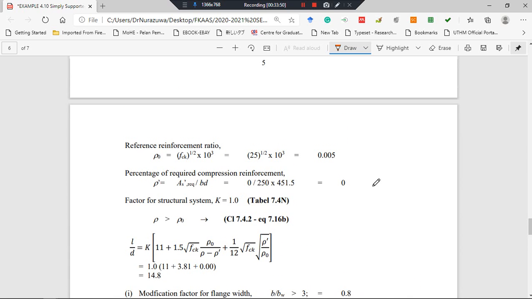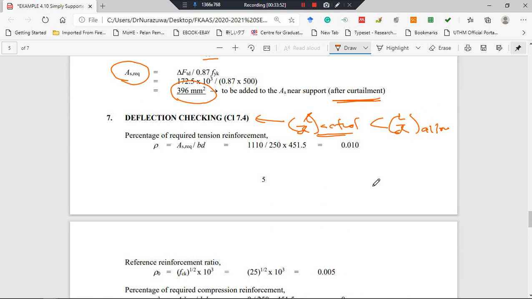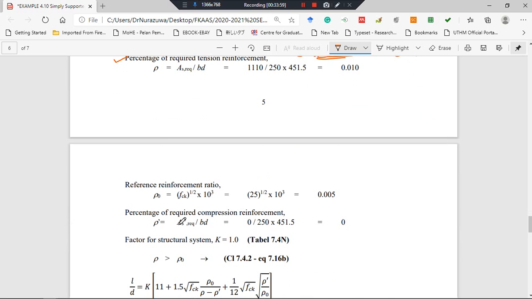First you need to calculate the percentage of required tension reinforcement, then calculate the reference reinforcement ratio, then calculate the percentage of required compression reinforcement, using this formula. The percentage of required tension reinforcement is compared with the reference reinforcement ratio.